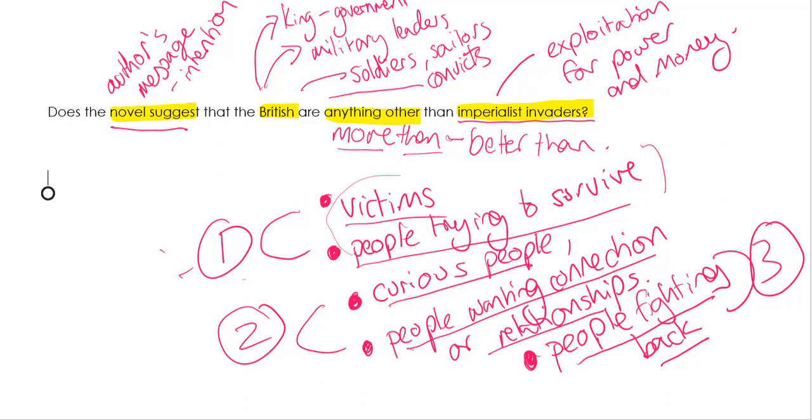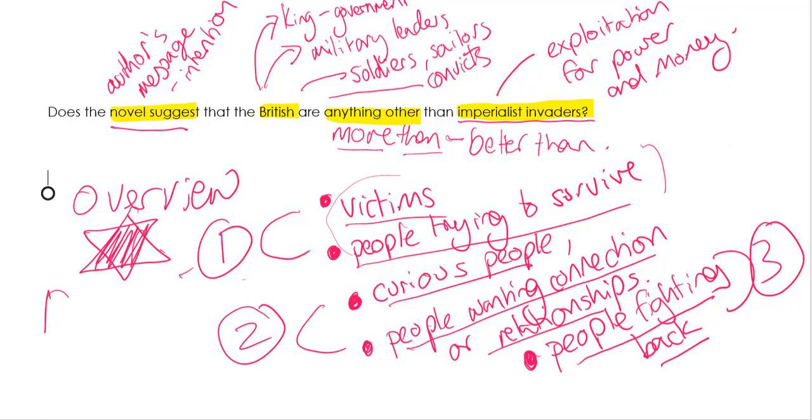I use my first paragraph, as I pretty much always do when I'm writing my Lieutenant essays, to give an overview of the world of the text and the problems that the protagonist faces in terms of British imperialism and the difficulties that he has. So I usually use that first paragraph to set up the situation.